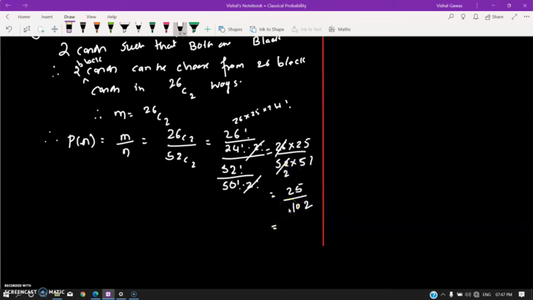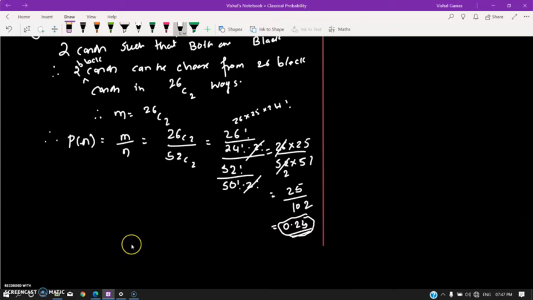In decimal, 25 over 102 gives me something of the form 0.24, roughly 0.25. So there is a 25% chance that both cards would be black.